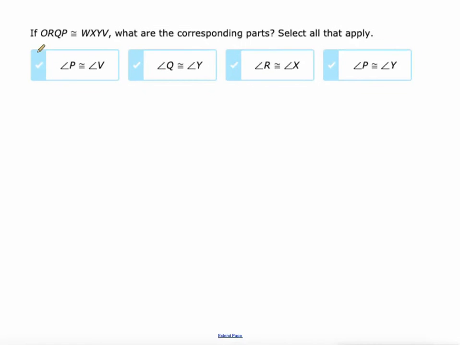So we're going to do one more without the shape. A couple of quadrilaterals. ORQP is congruent to WXYV. P and V are at the same spot in the congruence statement, so those are corresponding to each other. Q and Y. Q is the third one, Y is the third one. Those are corresponding to each other.